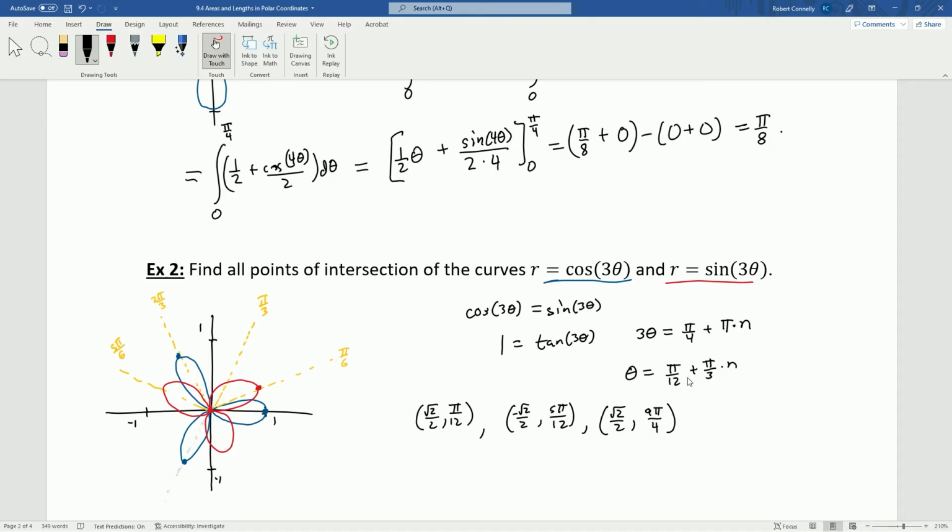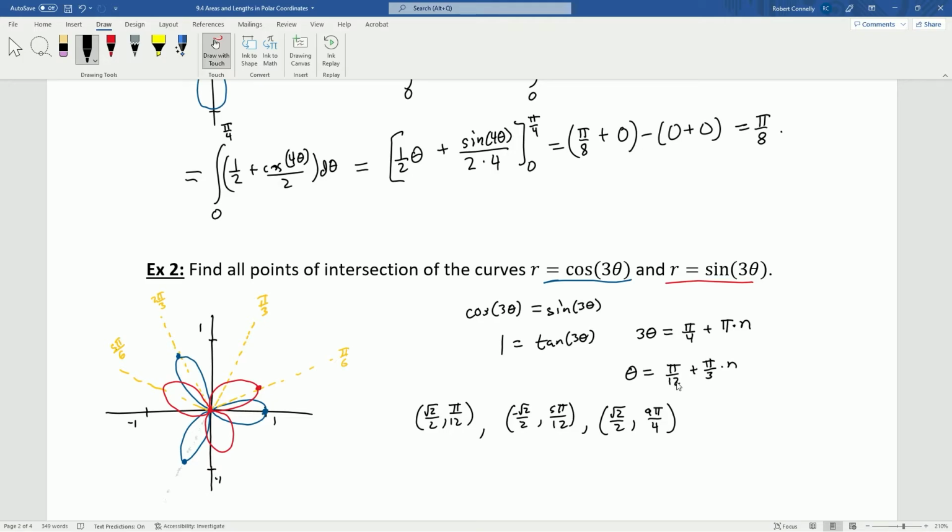Okay, now what happens when we add another multiple there? So we get pi over 12 plus pi, which gives us 13 pi over 12.